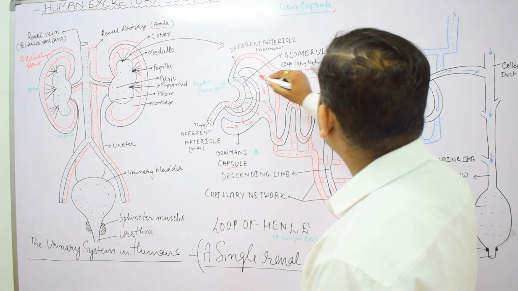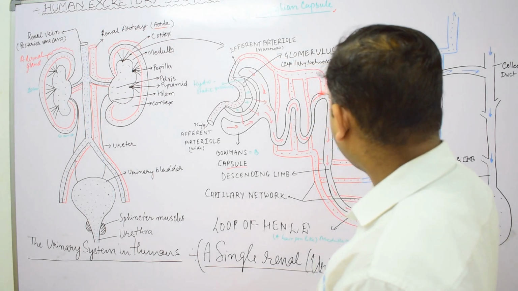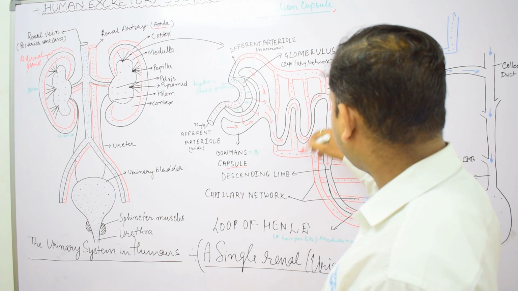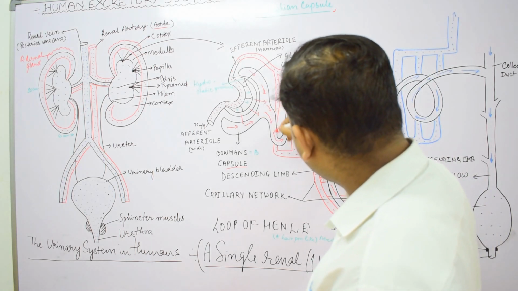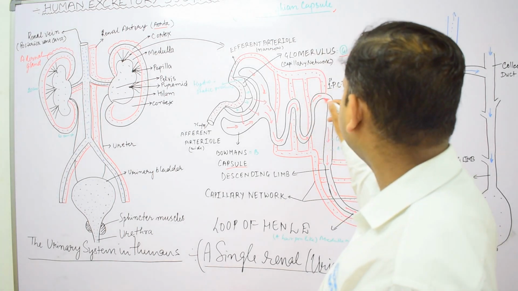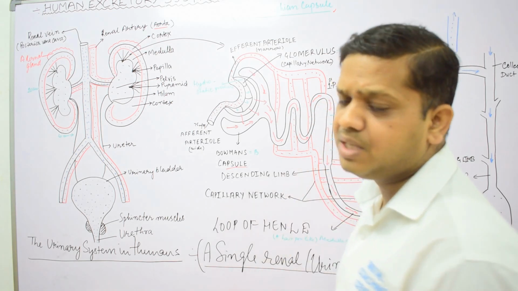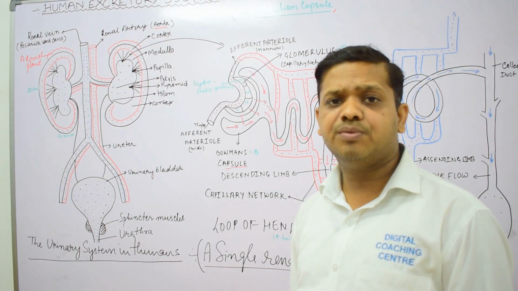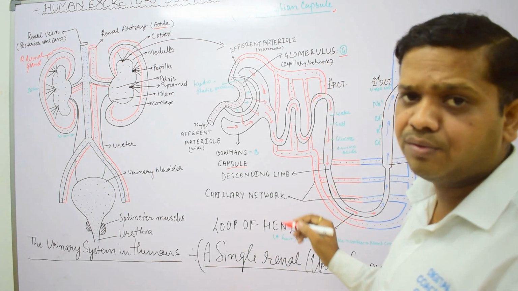Now here, shown in red, these are the fine blood capillaries which are running. Bowman's capsule has a tubular structure. These are the foldings, these curves. The first half curve is known as PCT, proximal convoluted tubule.